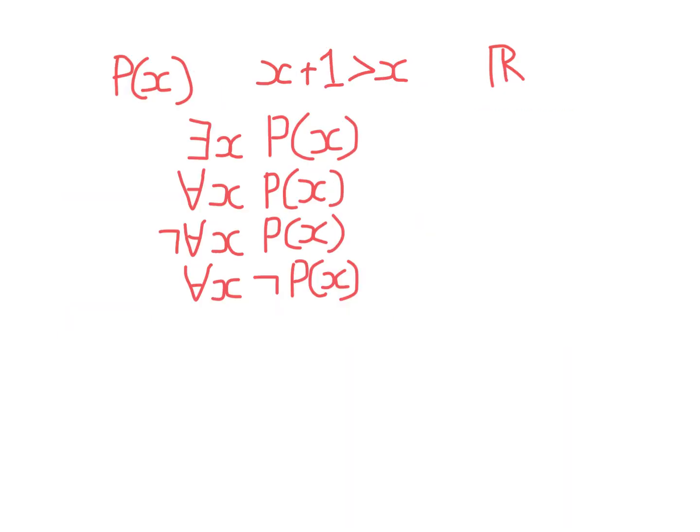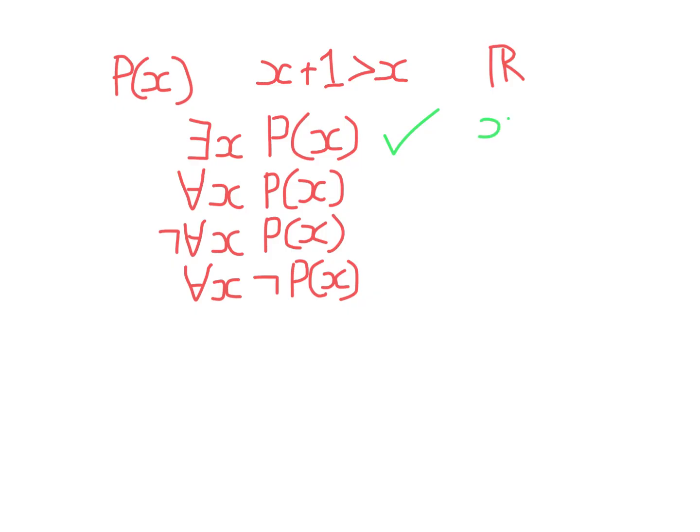So here we're going to define P(x) as the property that x plus 1 is greater than x. Our domain of discourse is the real numbers. So this statement, there exists an x such that P(x), says that there is at least one number x such that this statement is true. Now, that's obviously true. We can find one such example.